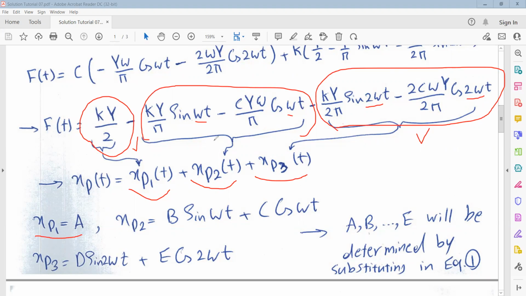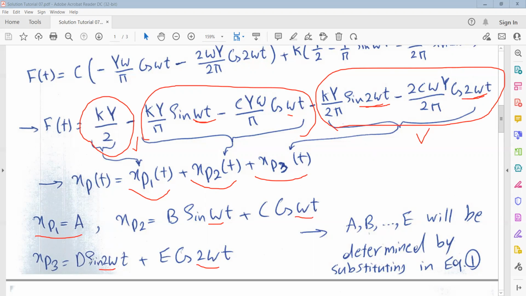For the second one, because it is a harmonic with frequency omega, the particular response is b multiplied by sine omega t plus c times cosine omega t. And finally, the particular response xp3 for the third part, which is a harmonic with frequency 2 omega, is d times sine 2 omega t plus e cosine 2 omega t.